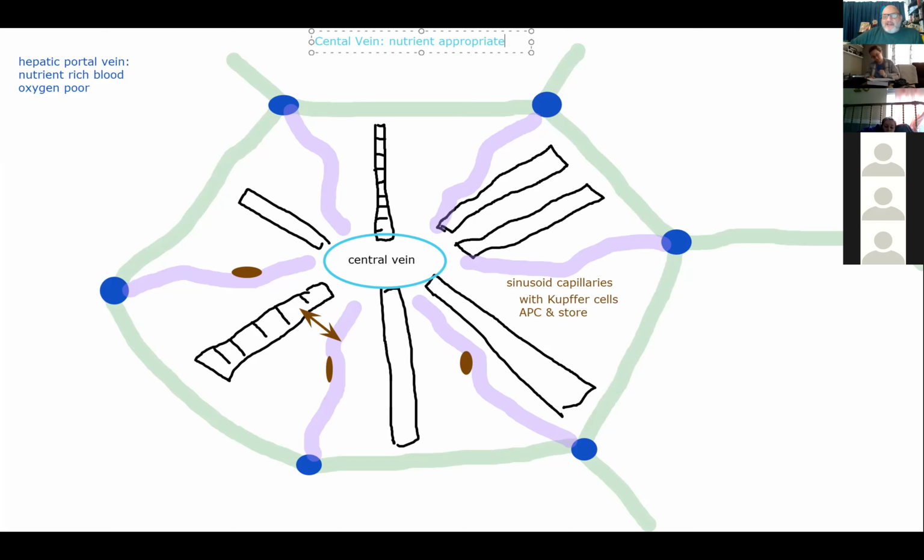However, this requires a lot of work, and work typically requires energy. And notice that pesky hepatic portal vein has no oxygen in it. If only there was a systemic blood vessel, right?